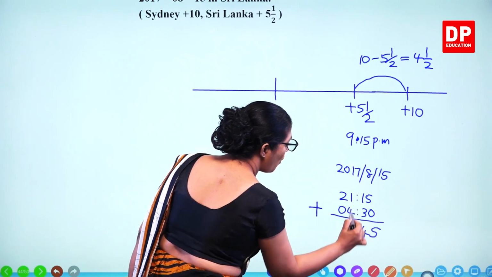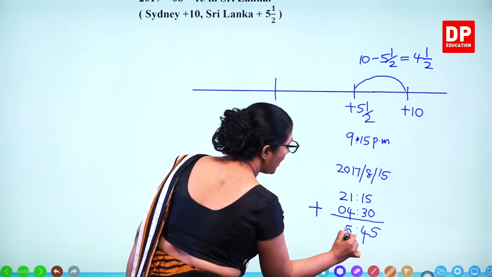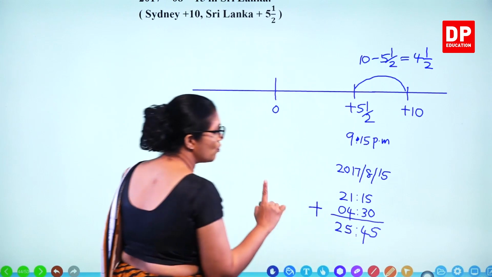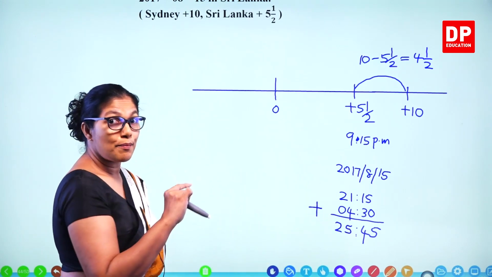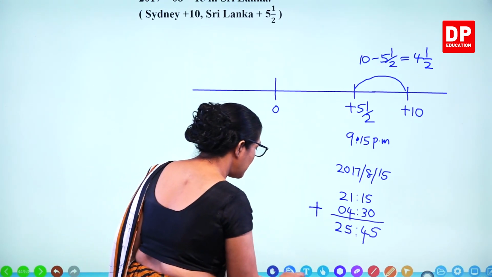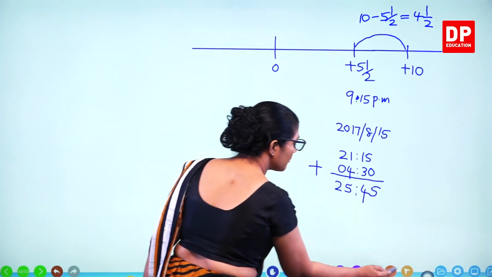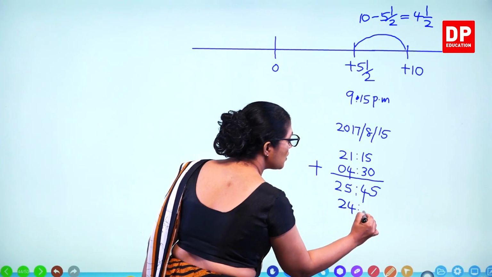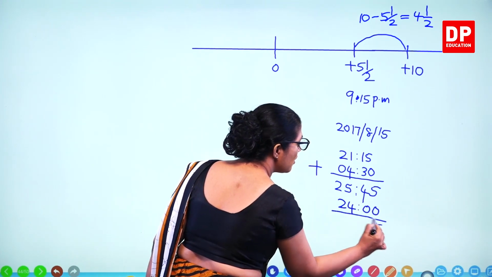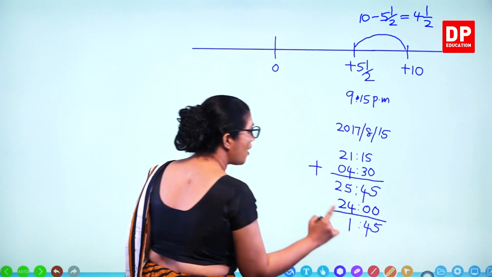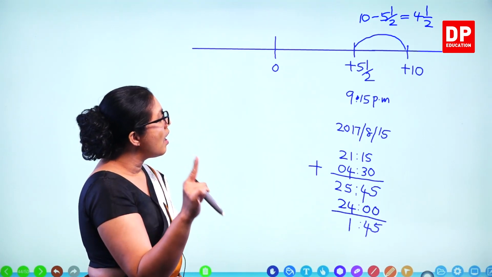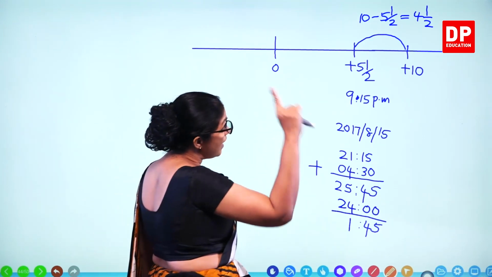So what you get? 4 plus 1, 5, 25:45. You can't write like that. So you have to subtract 24 from that. 24 hours. You get 1:45. That means early morning, next day.